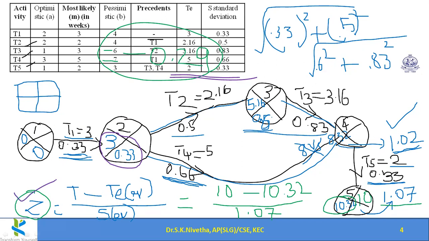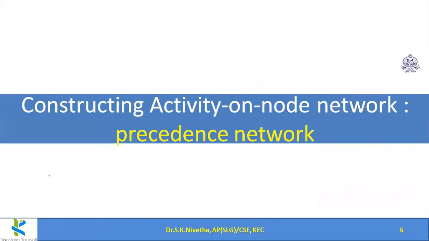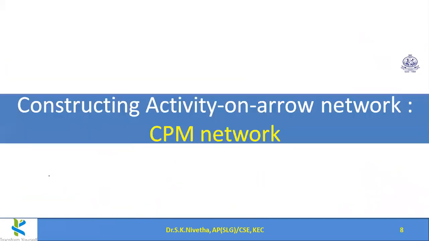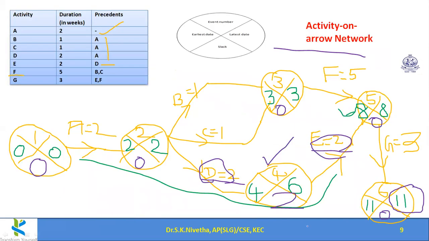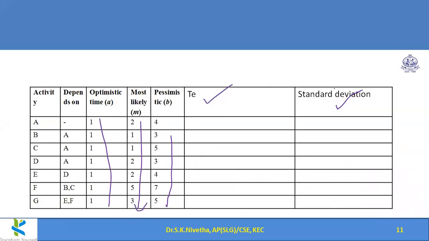So for this question, based on activity on arrow network and CPM network, 11 weeks is the duration. We shall try the probability of completing this in 11 weeks. Maybe at least more than half probability we can get using PERT, so you can try and tell me in tomorrow's class.